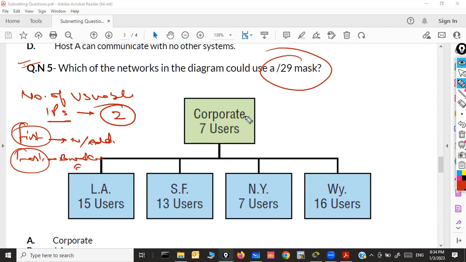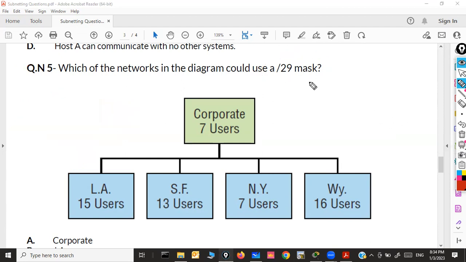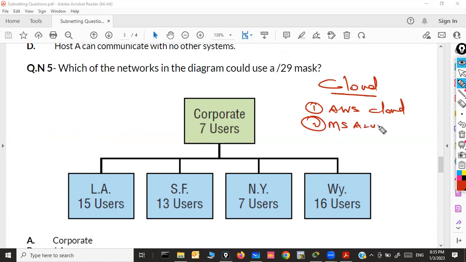There is one exception to this rule, and it is when we do the same networking in the cloud. Cloud means public cloud, like AWS, Microsoft Azure, and Google Cloud.